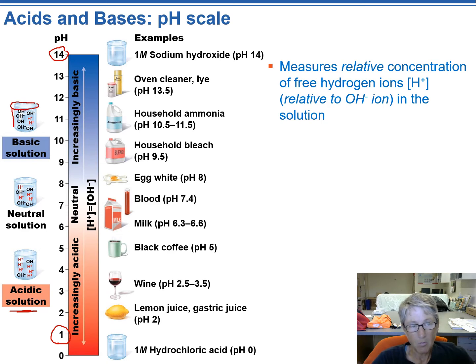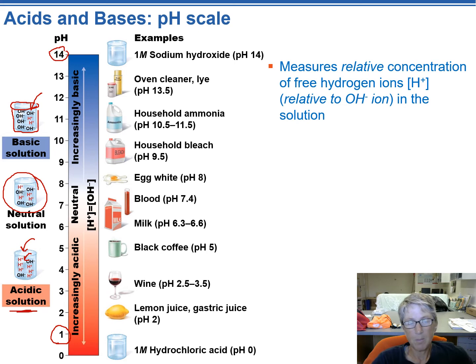You've got your free hydroxy ion. Then you have a whole bunch of hydroxide ion. That means you're a base. If you're an acidic solution, you have a whole bunch of free hydrogen ion, H+. That means you're an acid. If you have equal number of hydroxide ion and free hydrogen ion, then you are a neutral solution.